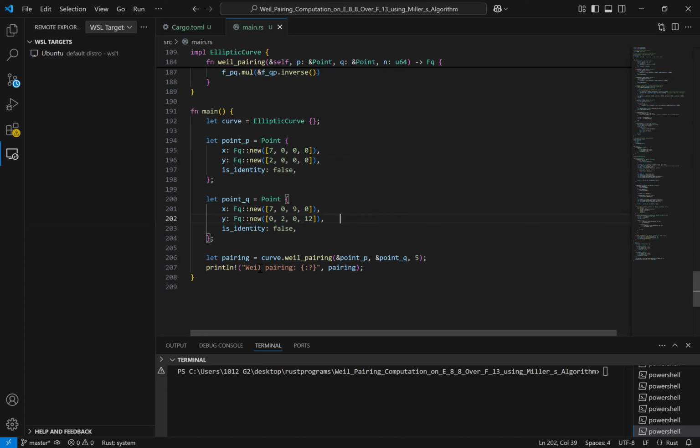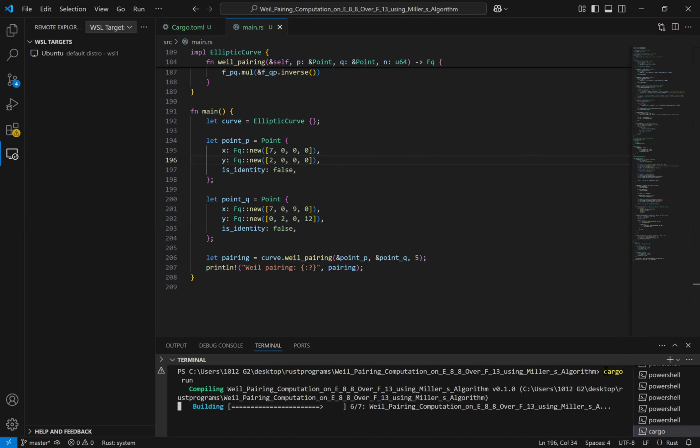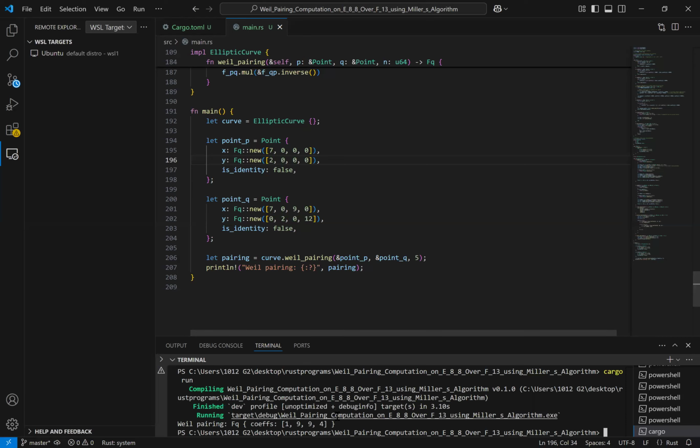Now, I want to get the Weil pairing for these 2 points. We run it and see what the result is. Okay, then it says the Weil pairing is this. It just gives us the coefficients, but now we know how we were writing it.